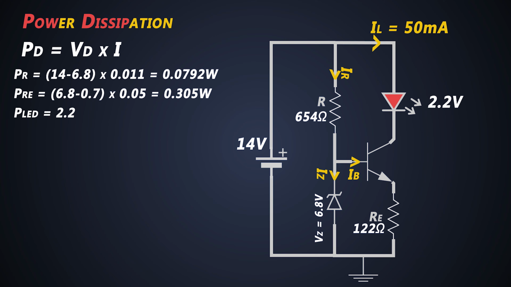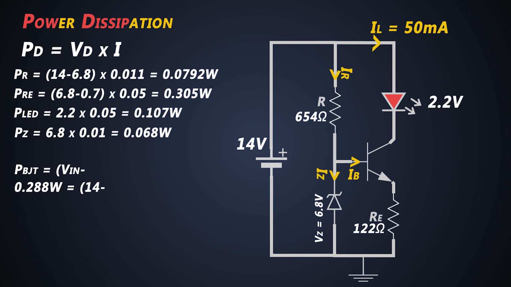The power dissipation across the LED will be around 110 milliwatts. The power dissipation across Zener diode will be around 68 milliwatts. And the power dissipation across the transistor will be around 288 milliwatts. So we'll need to select a transistor which can handle this much of power.